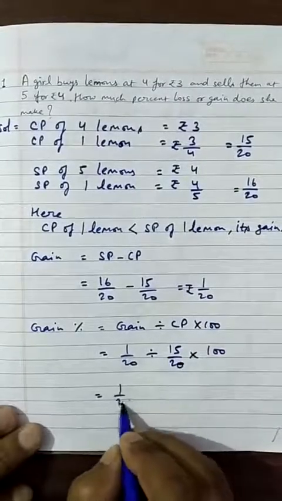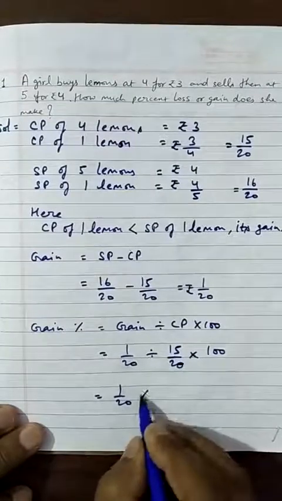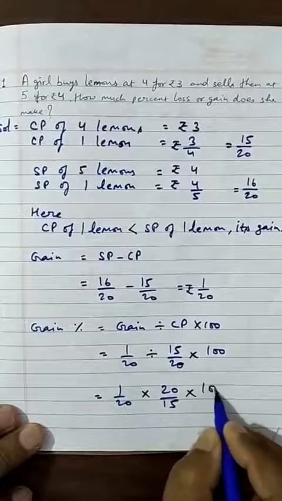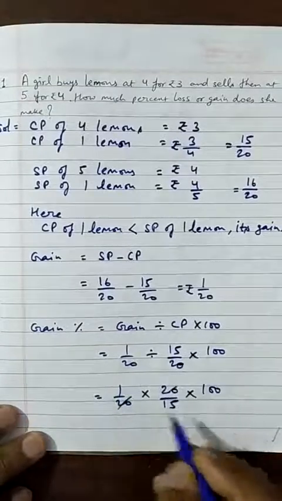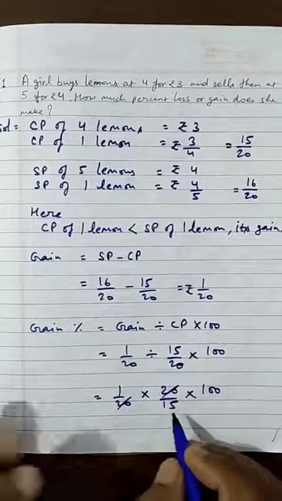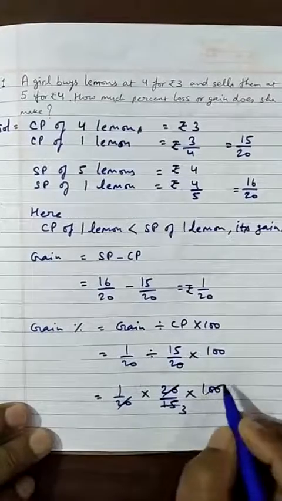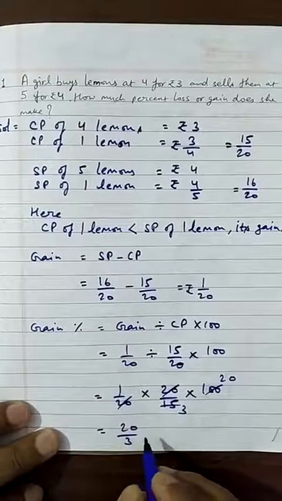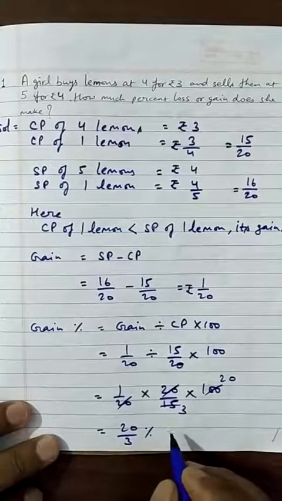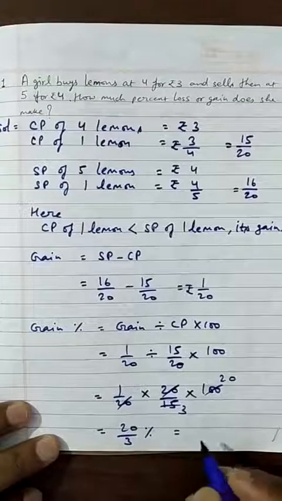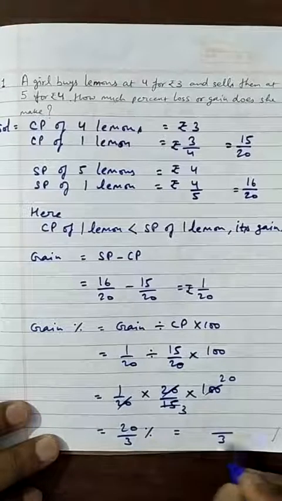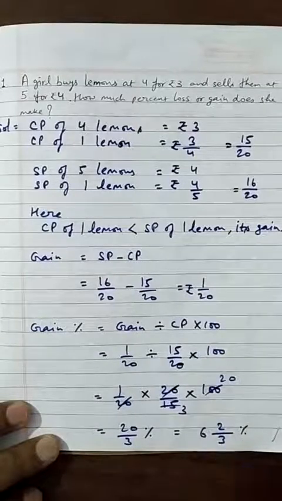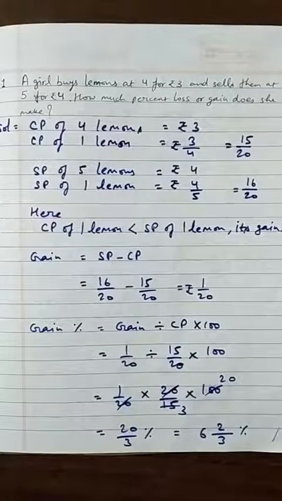One upon 20, this divide sign changing into multiplication. 20 up, 15 down, multiply by 100. 20 are cancelled. 5 3s are 15, 5 2s are 10, 0. 20 upon 3%. It can be written in the mixed form also. 3 6s are 18, 19, 20. So 6 and 2 upon 3 is the answer.